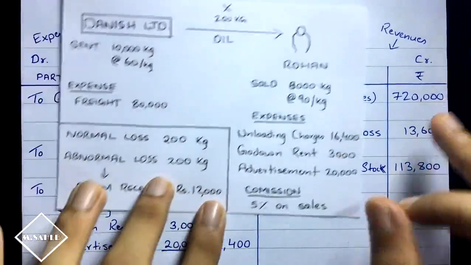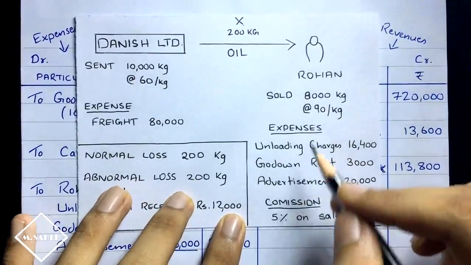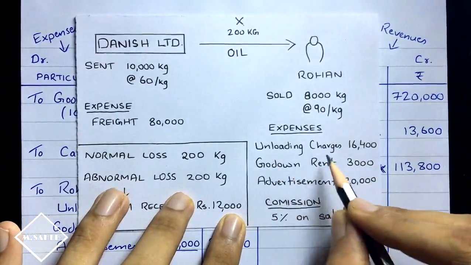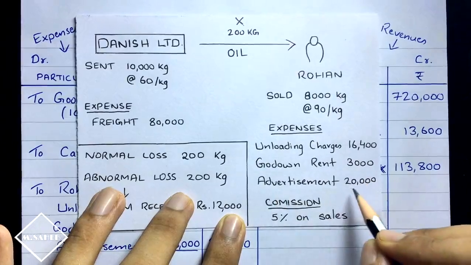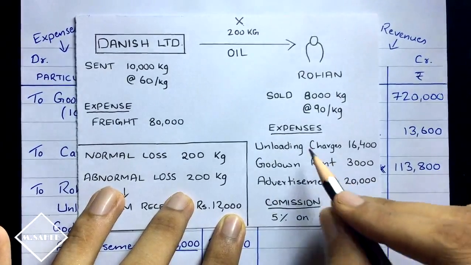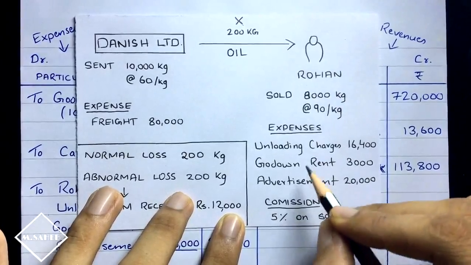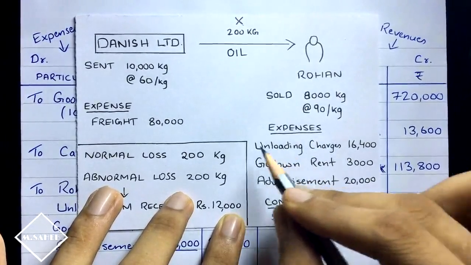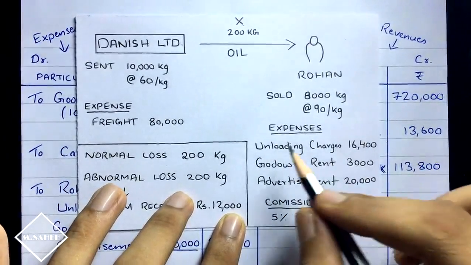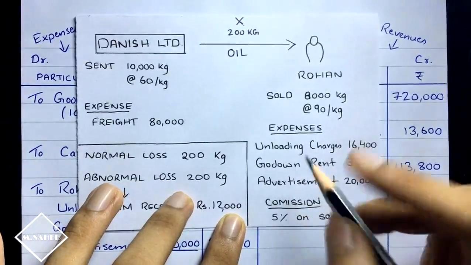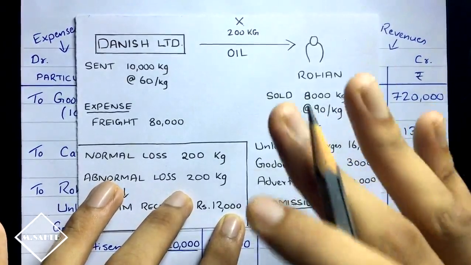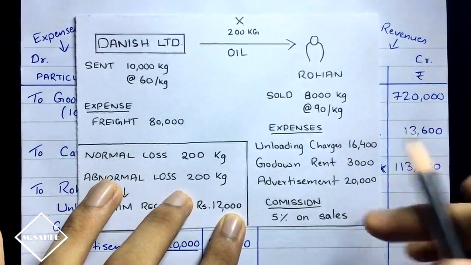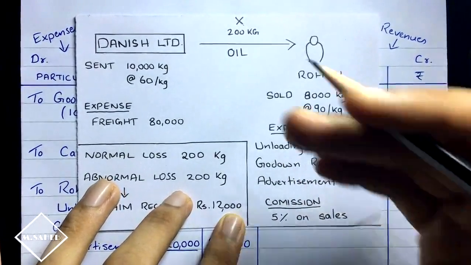And then Rohan also incurred some expenses: unloading charges 16,400, godown rent 3,000, advertisement 20,000. Now among these three expenses, two are recurring and the first one is non-recurring, because unloading charges are paid only once, in transit before the goods reach the godown, to unload the truck.